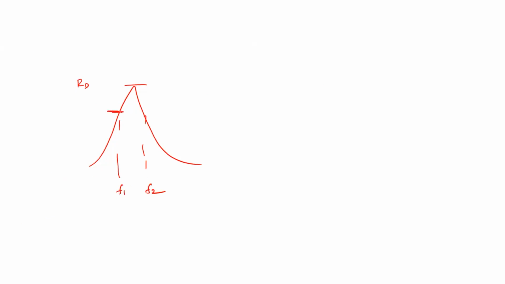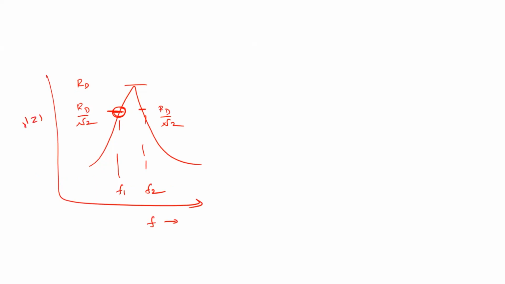What is the value of this one? It is obviously RD by root 2, right? So this is also RD by root 2. That's all. This is the curve we drew, right? This is with respect to FR and this is Z. Understood?